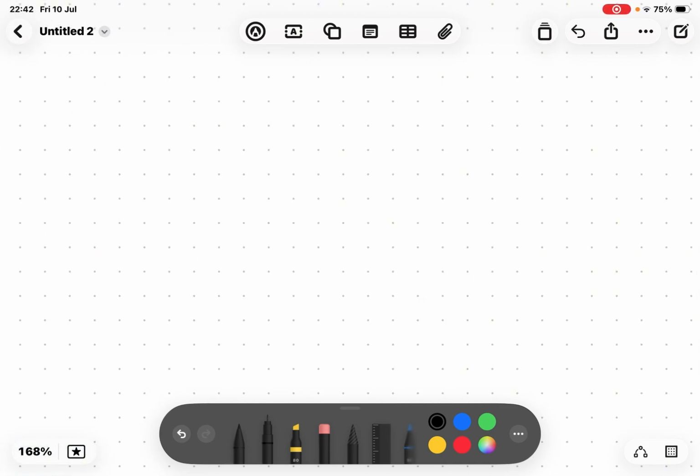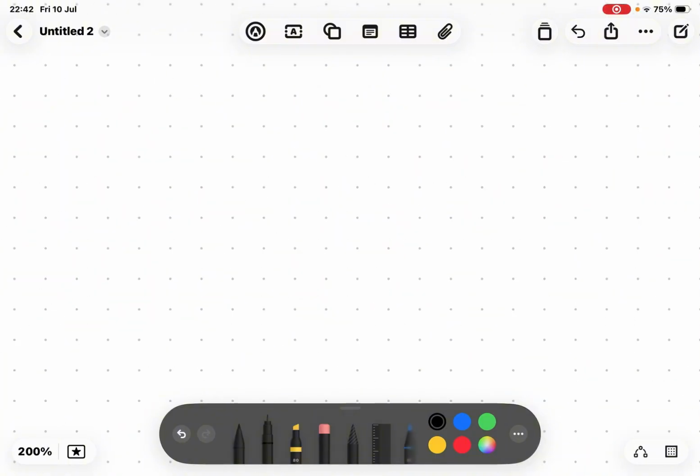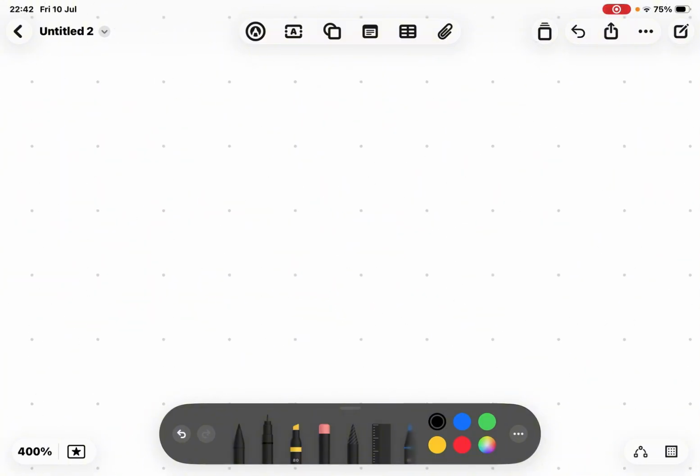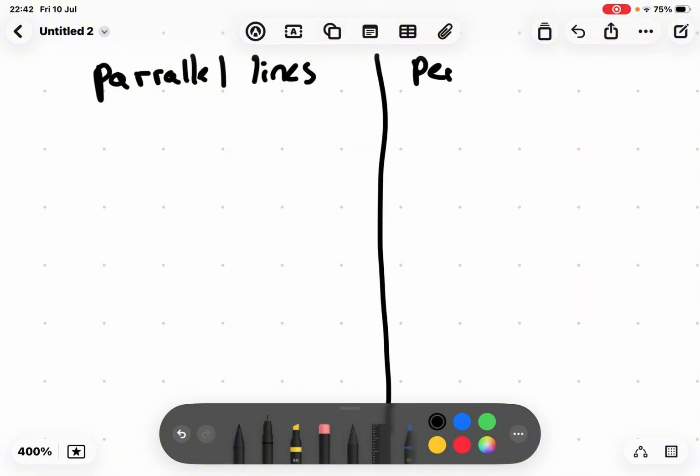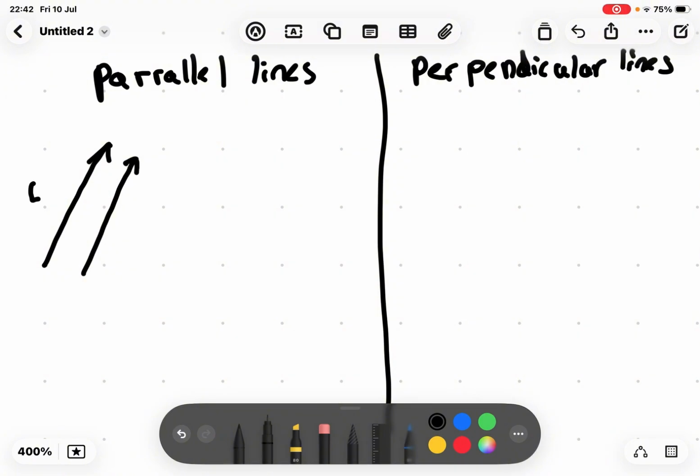Now let's understand what parallel lines and perpendicular lines mean. When lines are parallel, so let's say this is line 1 and this is line 2.